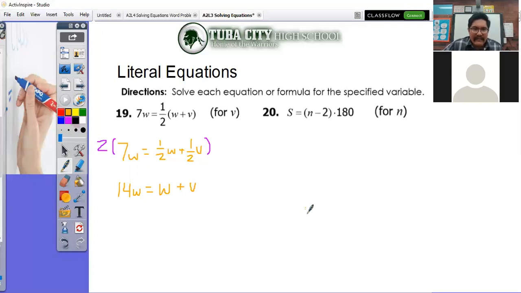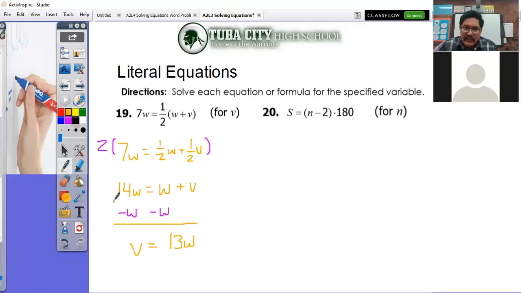Now I just got to get that v by itself and minus w from both sides. Switch sides, v equals 13w, because in this case they are like terms. Since they are like terms, I can go ahead and combine them. This is like the only example that we've been able to do this with.